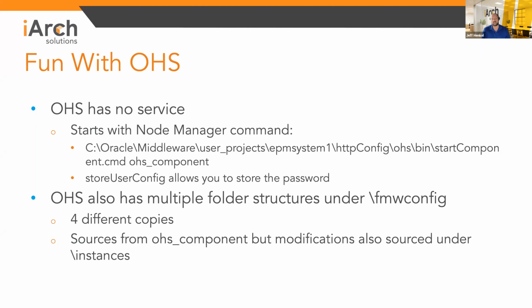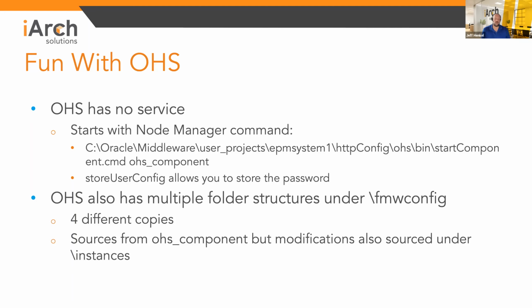And if you don't want to type that in interactively every single time you restart OHS, you're going to use this value store user config after the OHS component command here in the bullet above. Once you've done that, you'll find that it's going to prompt you that first time, and then it's going to leave you alone, assuming you don't go and change the WebLogic admin user's password. So it's kind of a one-shot thing, and then you're on your way.